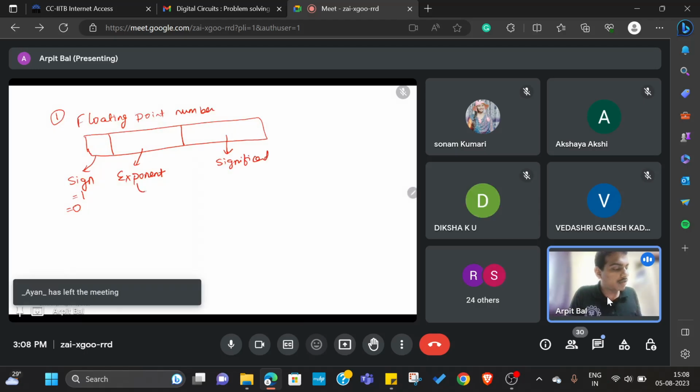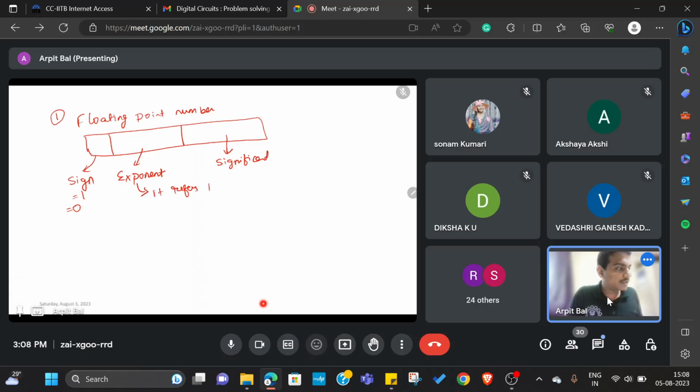Let me write down what the exponent is. The exponent refers to the power of 2 by which the significand is multiplied. And what is the significand? The significand refers to the fractional part of the floating point number.